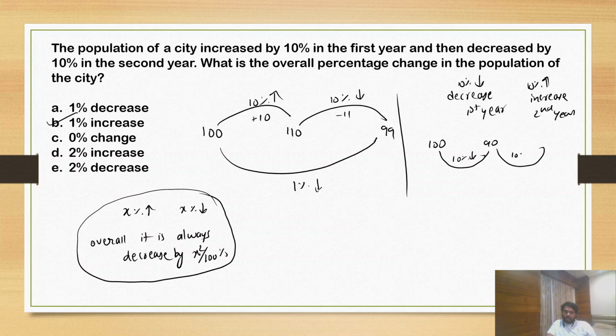From 90, a 10% increase: 10% of 90 is 9, so 90 plus 9 is 99. So overall, 100 to 99 is a 1% decrease. Increase and decrease, or decrease and increase, you will get the same answer. Okay, let's move on to the next.